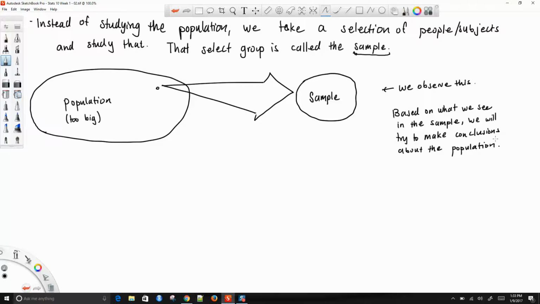So that process of taking the sample and then making conclusions about the population, this is called inference, okay? Or we might say this is statistical inference. Okay, and that's what I mean by making conclusions from limited data.